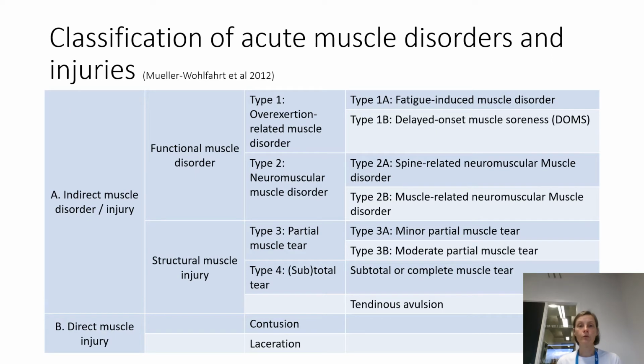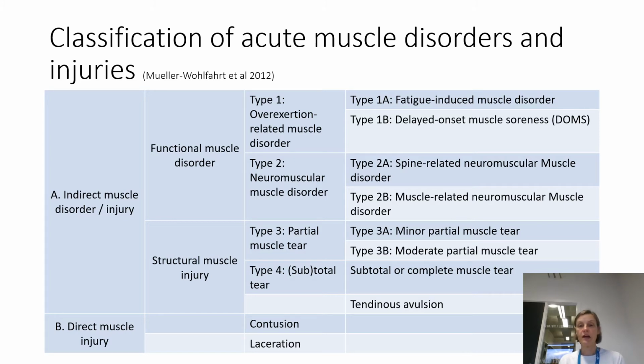So this led Muller-Wolfart in 2012 to reclassify particularly acute muscle disorders and injuries, where type 1 were classified as functional muscle disorders, where things like fatigue or delayed onset muscle soreness influenced perhaps the ability of the muscle to function, but there was no appreciable tissue damage. Within this functional muscle disorder, there were also neuromuscular problems, both spine and muscle related. These are type 2, causing problems with function, but again not tissue damage.